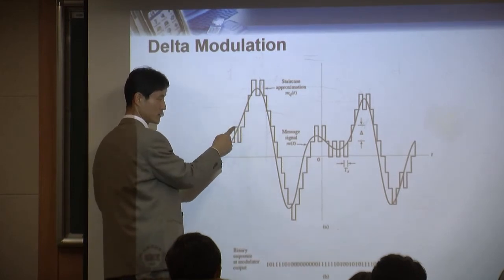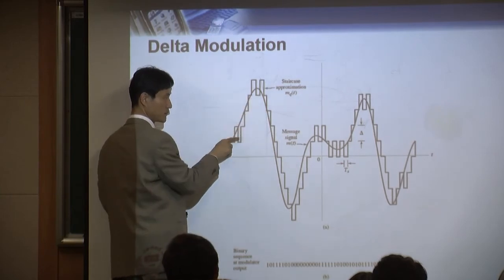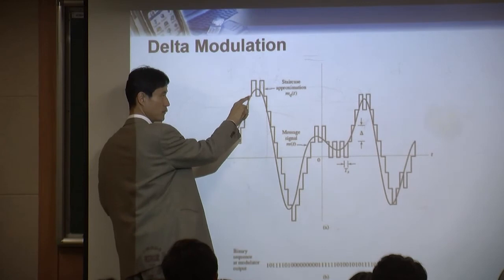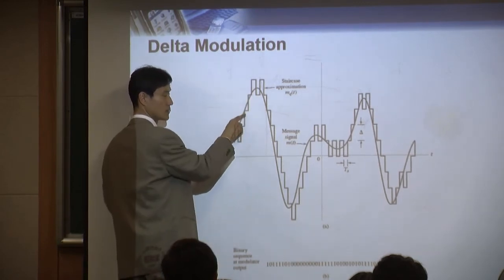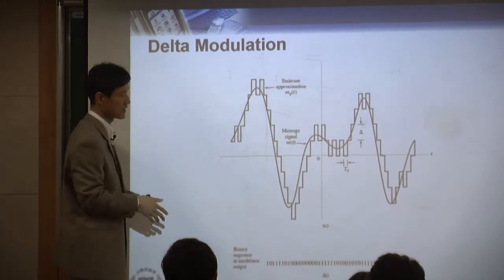Otherwise, you go down. So in this case, go down. And right here, your input signal goes up, therefore your DM output is going to go up, up, up. Your DM output tries to catch the original signal. So that's the DM, delta modulation.